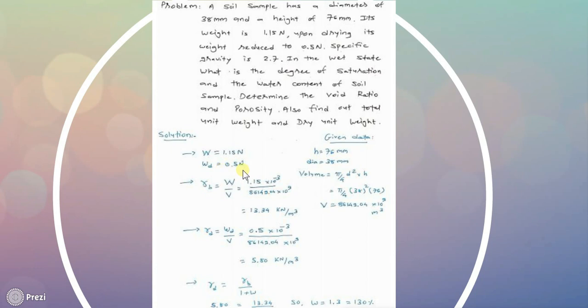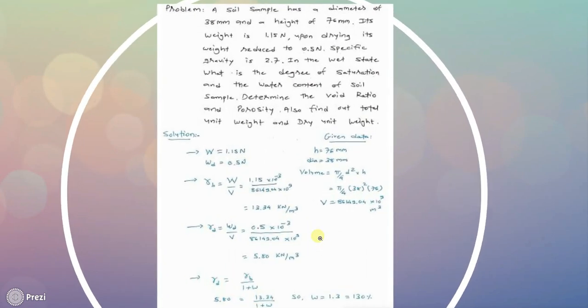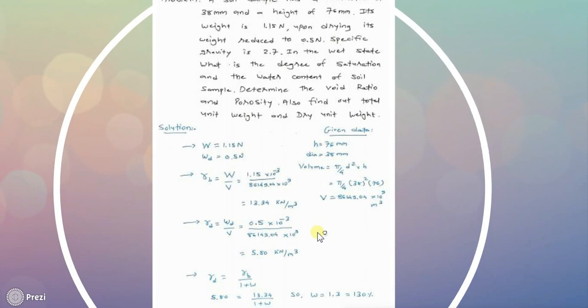Other things I have been provided are weight and dry weight. So from total weight I am finding bulk unit weight. Gamma B is equal to total weight upon total volume. So I have found 13.34 kilonewton per meter cube as gamma B. Now if I have dry weight also, I can find gamma D, W D upon total volume.